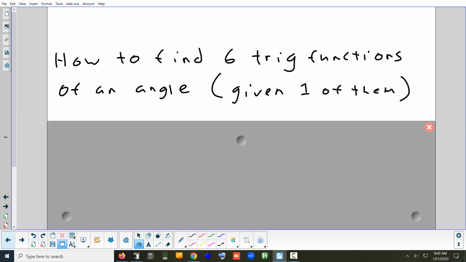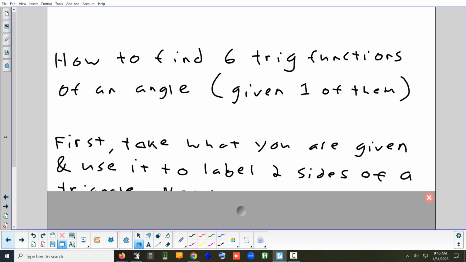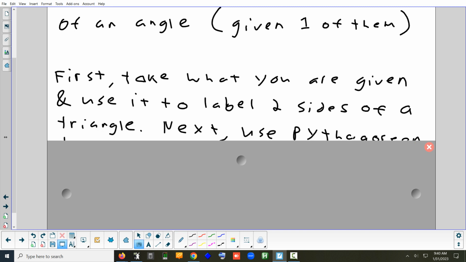So this is how you find 6 trig functions if you are given one of them. Take the trig function that I gave you. In the next problem, it's going to be sine, and use it to label 2 sides of a triangle. Maybe you'll know the opposite and hypotenuse. Maybe it'll be opposite and adjacent. But it'll be 2.